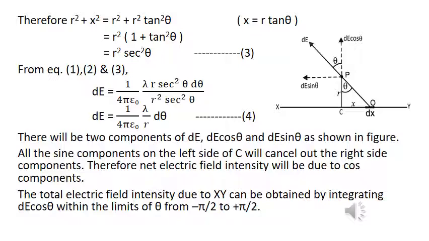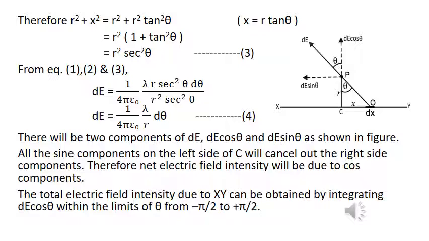Here the limits minus pi by 2 and plus pi by 2 are taken as we can see in the figure. When theta increases, that is, we take the dx at the extreme end of the wire.